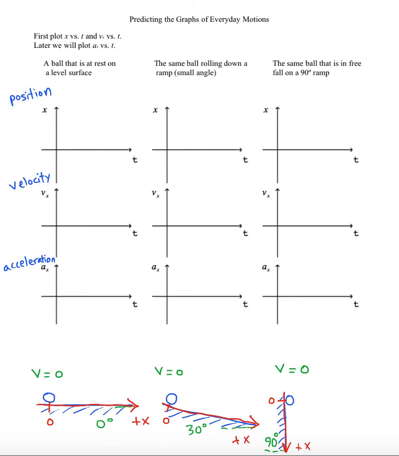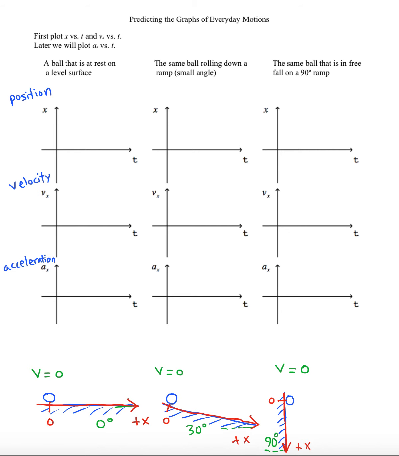Okay, so one of the things we're going to want to do here is find starting points for our graphs. So for the position versus time graphs, notice that our ball is at the 0 of the x-axis. And that is going to be the start of the clock, time 0.